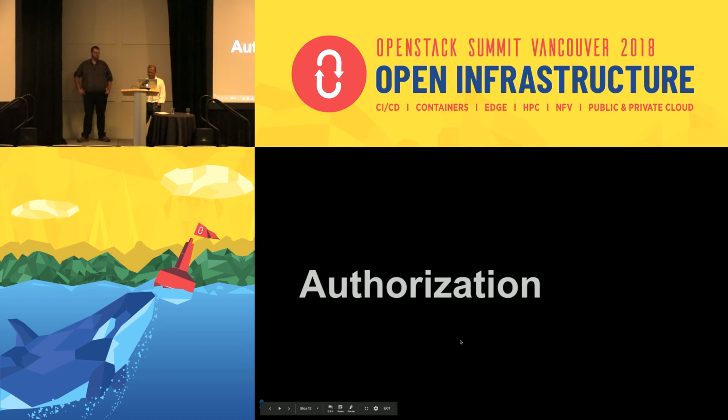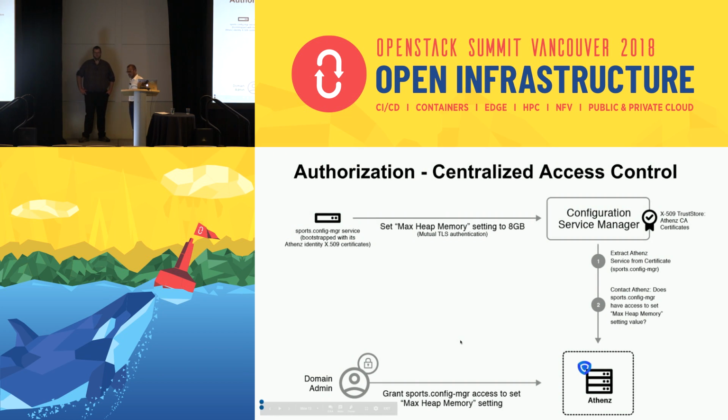Okay, we talked about identity. I will quickly talk about how authorization also works. Athenz provides both centralized and decentralized authorization systems. In the centralized authorization, for example, you have a service called sports.config manager. It wants to talk to a configuration manager service, and it wants to go and set some settings.